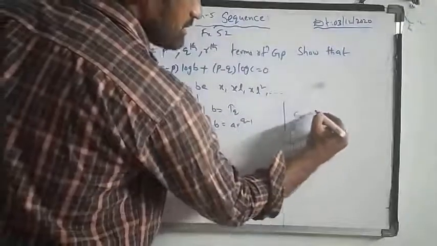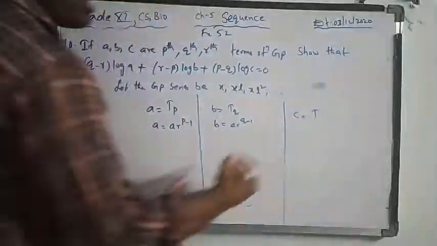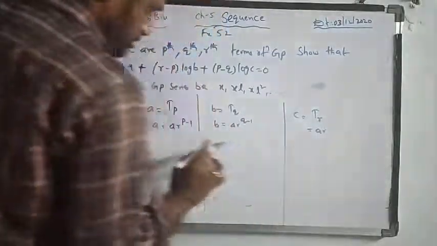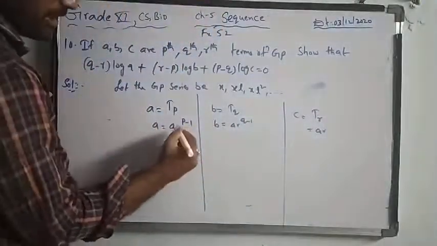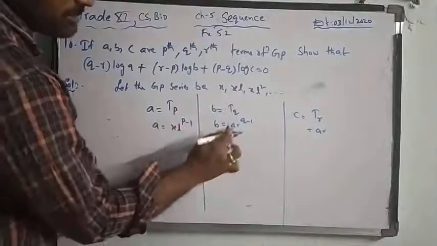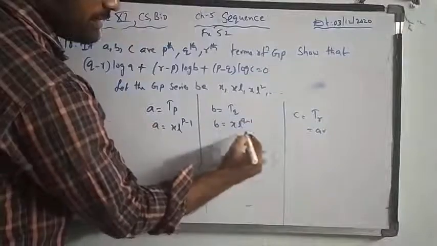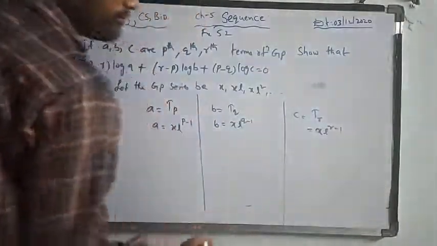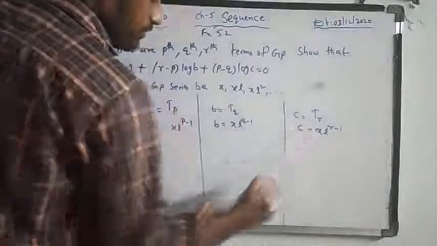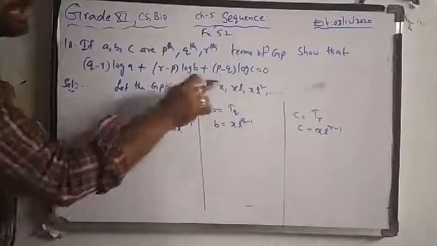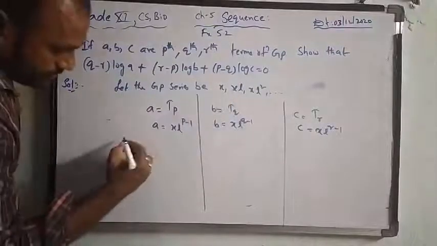Next, C is equal to the rth term, that is x L to the power of r minus 1. Why? Because the first term is x and the common ratio is L.